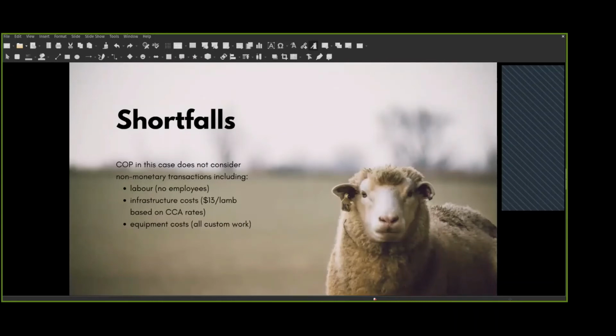The infrastructure costs are also not included because it's based on whatever the tax scenario ends up being for the year. And I did calculate it based on the cost of our buildings and current CCA rates, so 4% of the total cost of buildings divided by the number of lambs. And that came out to about $13 a lamb.